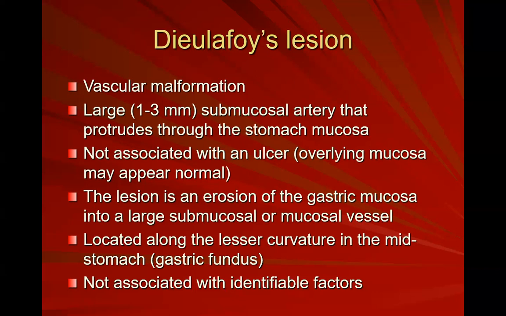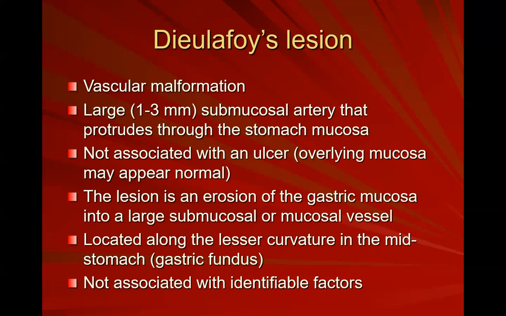Out of the blue, the patient would present with upper GI bleeding, whether hematemesis or even massive upper GI bleeding, as in fresh blood per rectum. By clinical history, there wouldn't be any associated risk factors. Like in peptic ulcer disease, you would expect prolonged H. pylori infection or NSAID use. Nothing of that is there in Dieulafoy lesion.